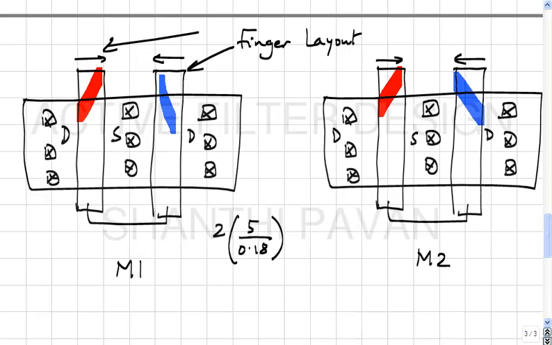Why does it make sense to have an even number of fingers? Because then the current will cancel. Like if you have 3 fingers, then 1 and 1 will cancel, but the third will not cancel.